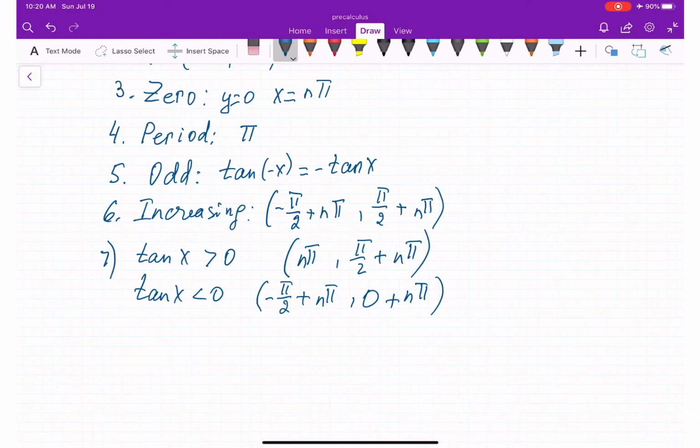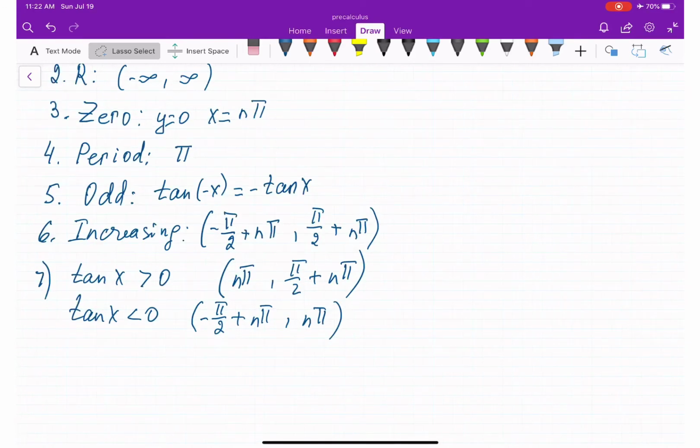Or we can take this 0 away, and it's going to be from negative half a pi plus n pi, and all the way to n pi. So these are properties of tangent.